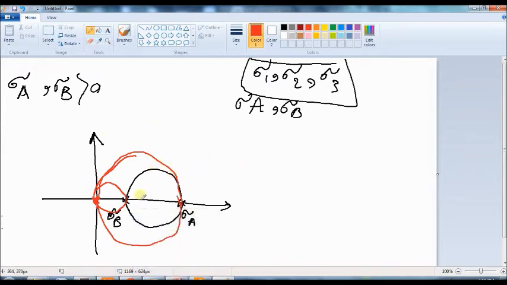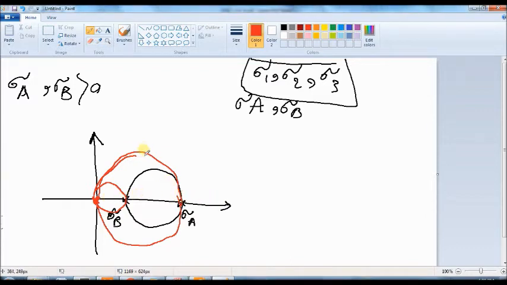Although the third principal stress is 0, I have to draw these two more circles for the combinations sigma A and sigma B, sigma B and the 0 principal stress, and sigma A and the 0 principal stress.